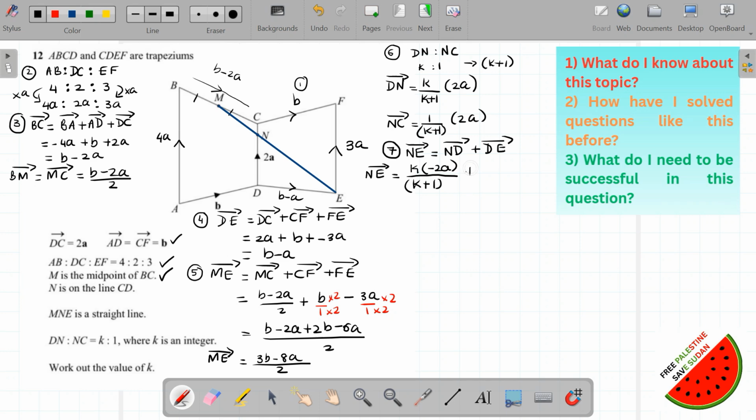And DE is going to be b, and I'm going to leave some space, minus a. I'm going to have to squeeze this in, so I'm going to write it as over 1 times k plus 1, times k plus 1. Same over here, over 1 times k plus 1 times k plus 1.